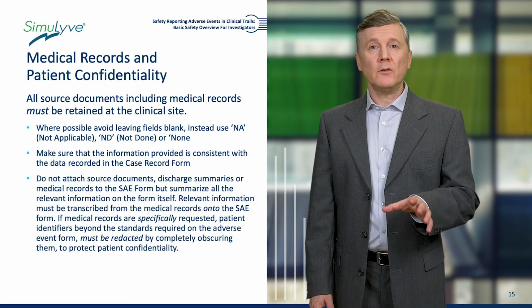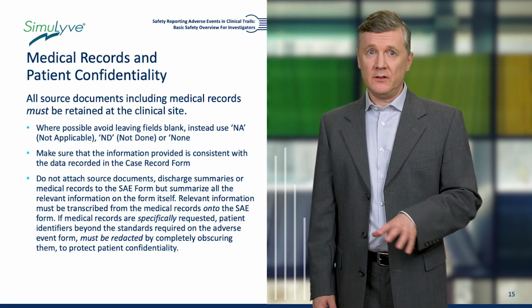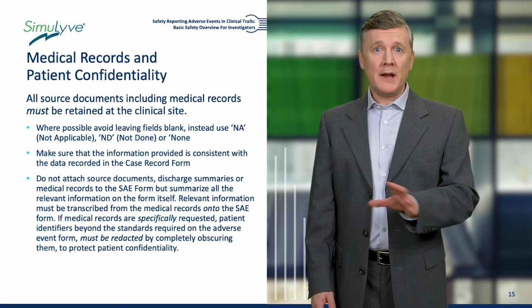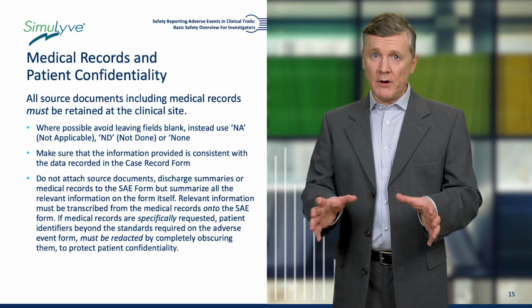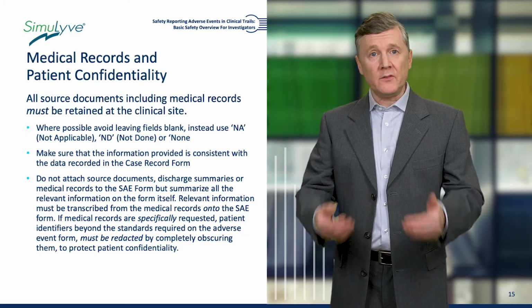3. Do not attach source documents, discharge summaries, or medical records to the SAE form, but summarize all the relevant information on the form itself. Relevant information must be transcribed from the medical records onto the SAE form.